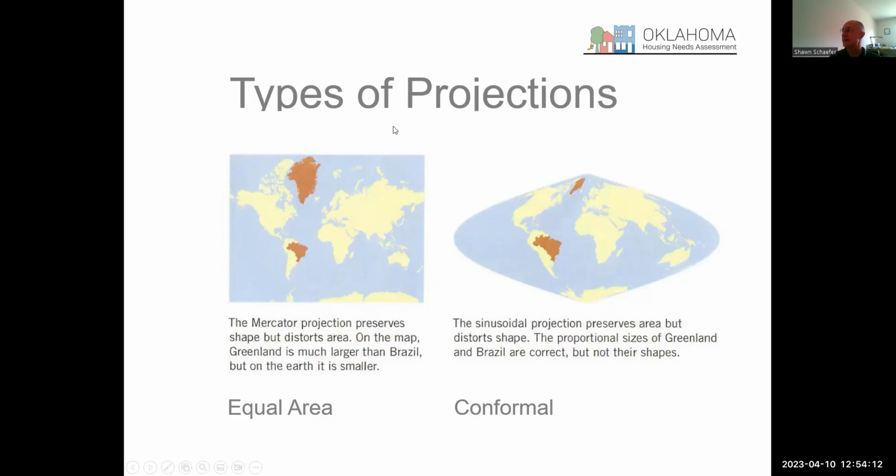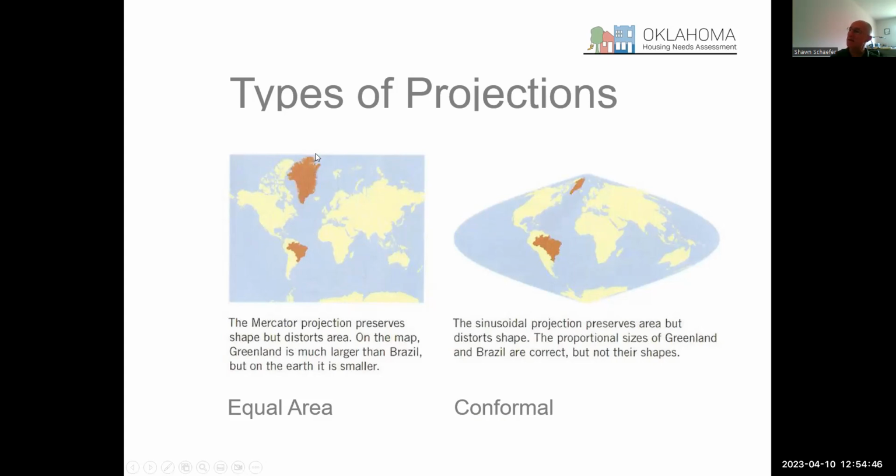This example on the left is a map you may be familiar with, the Mercator projection. I just noticed I have the labels backwards on this one, so bear with me. This is a conformal map. In other words, it preserves shape, but it distorts the area. You can see that Greenland up here looks much larger than Brazil, but in real life, Greenland is much smaller than Brazil.